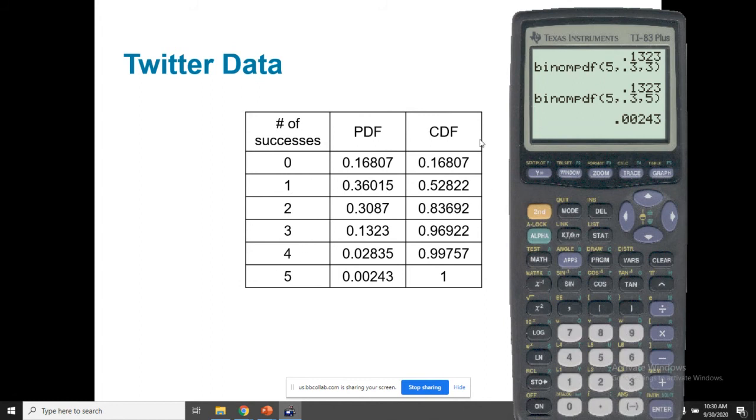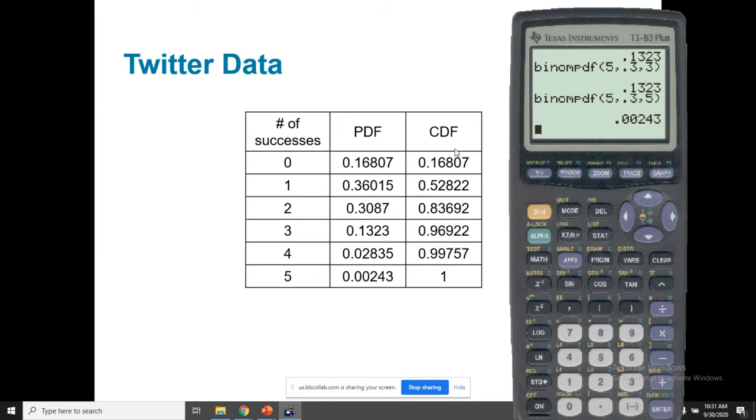The CDF of 3 is 0.96. The CDF at 3 is the PDF for 3 plus 2 plus 1 plus 0. And then lastly, the cumulative function at 5 is 1. And it should be. If you were to add up all of our probabilities, one of the conditions of a probability distribution is that all probabilities must add to give you 1.